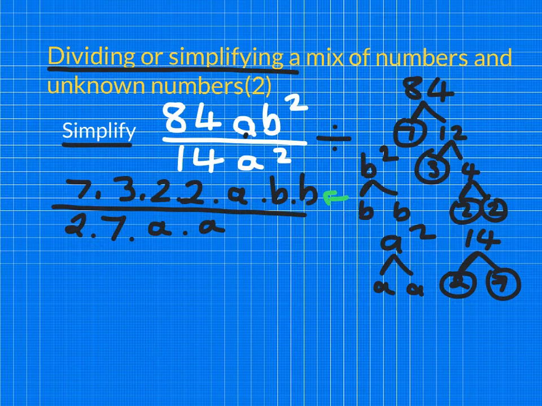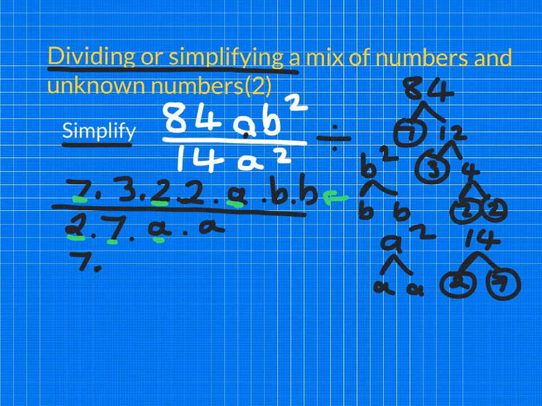If we have a look at it, we can see we've got a 7 on the top and on the bottom. We also have a 2 on both of those, and we also have an A on both of those.